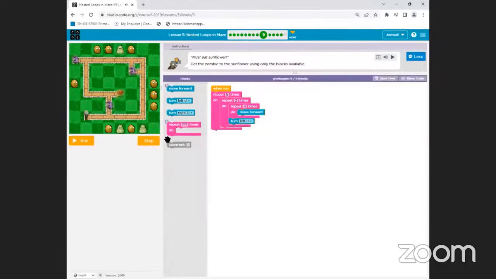I'm just making it more complicated at this point. So if it then moves forward 3 times, but it's supposed to move forward, no, it's supposed to move forward 5 times. So it gets there, then it turns left. And it should just be that I take this out.